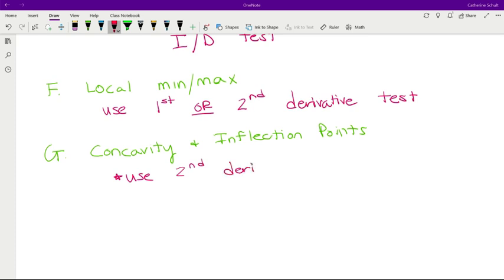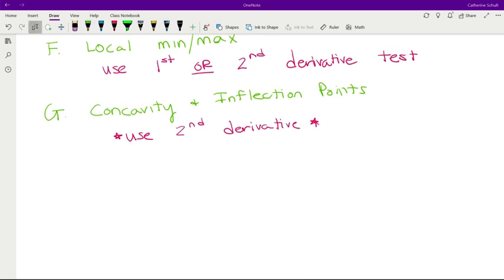It's not called the second derivative test, but we use the second derivative to give us information about the concavity. And then finally, once you have all of those pieces of information, part H is actually sketching the curve. And we sketch the curve using parts A through G, the ones we just outlined above.